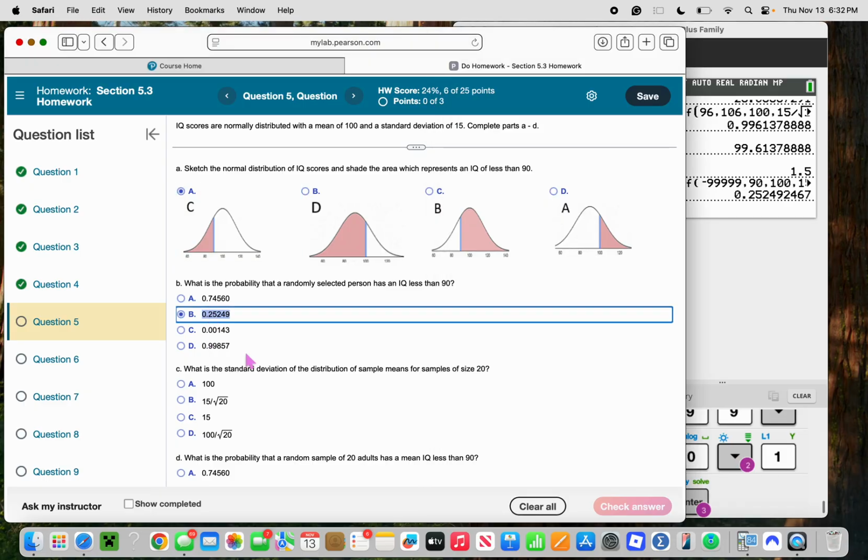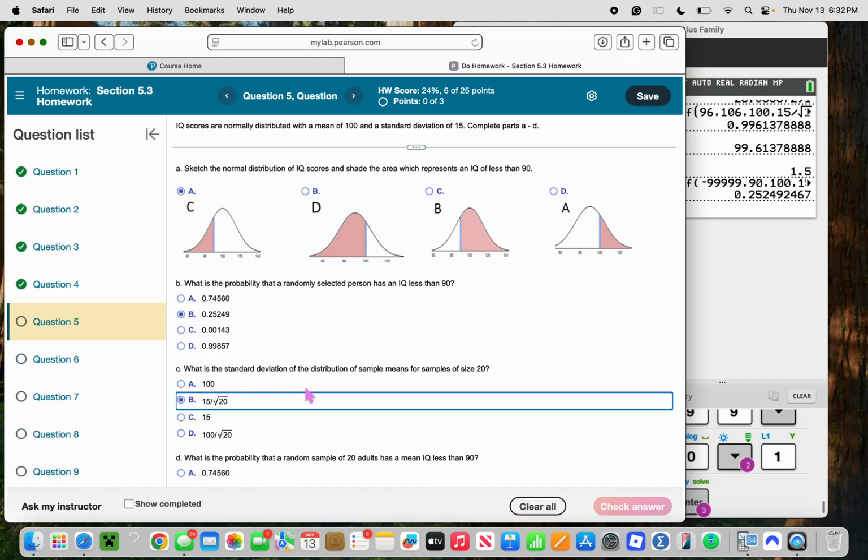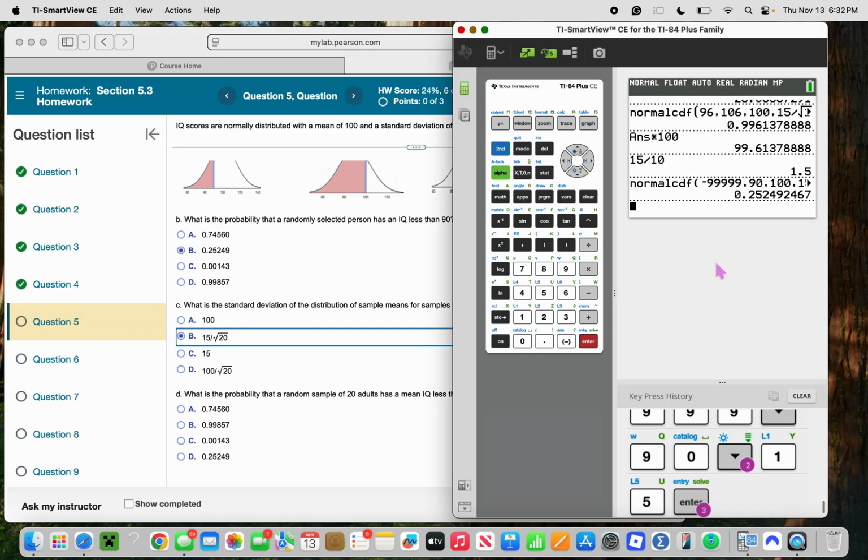It says the standard deviation of the distribution of sample means. So what is the standard deviation of the distribution of sample means for size 20? So it's one of these two, right? But because we have a sample of size 20, we have to divide it by the square root of the sample size.